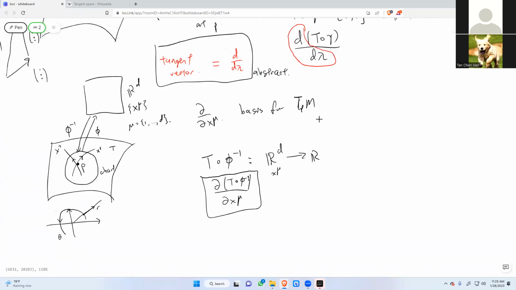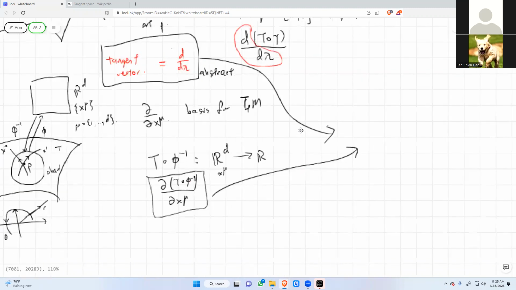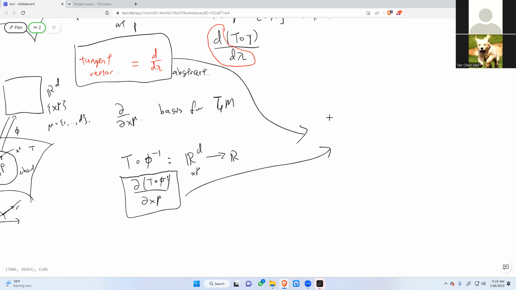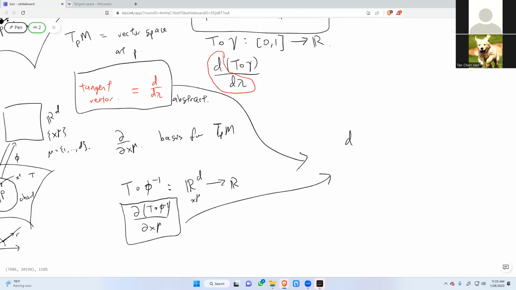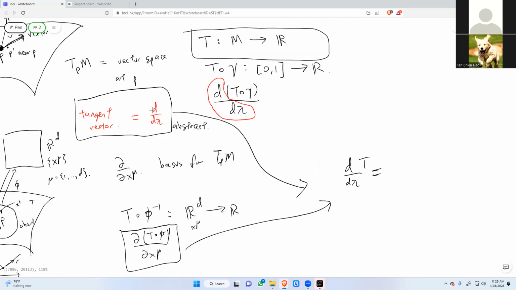We can see that if we take this definition and this definition and try to combine them, it's awesome, because dT over d lambda, when done in multivariate calculus, is essentially applying a chain rule. And how can we apply the chain rule?